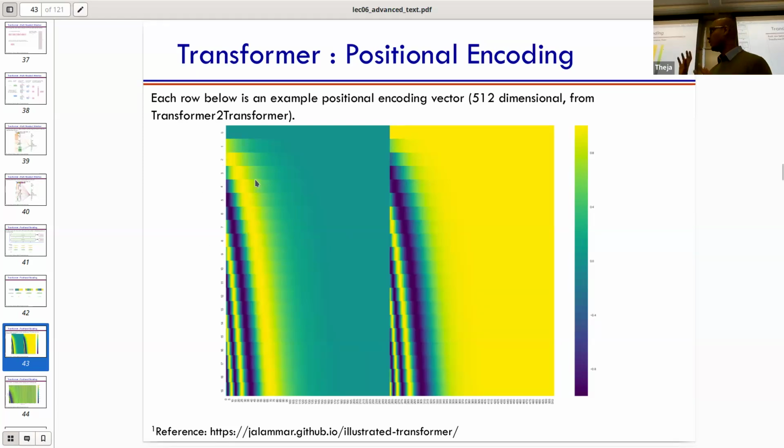Okay, what is this? It looks like a matrix, but each row corresponds to a positional encoding vector. Each row is a 512 dimensional vector, so the x-axis is the columns. So each row is the positional encoding. So t0 would be this long vector, and here you can see what this vector is. This color probably means zeros, and yellow means ones. So a bunch of zeros followed by a bunch of ones is encoding that you're in the first position. Whereas the last vector is going between minus values to ones and so on.